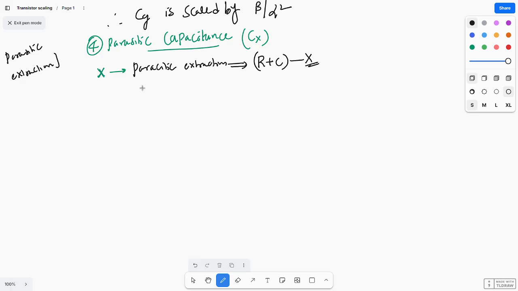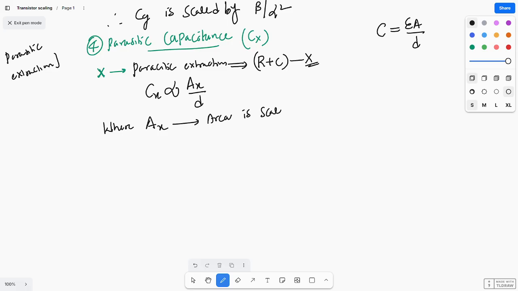So I'm trying to find out how parasitic capacitance is scaled. You know that capacitance is epsilon A by D. So capacitance is directly proportional to A by D, and you know that area equals W times L. So area is scaled by 1 by alpha square.